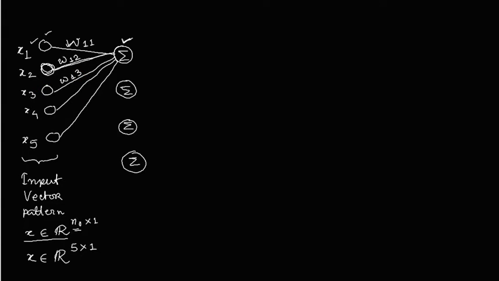Similarly, we can write this as W14, and this will be W15. In the same way, for the second neuron, the summing node of the neuron, these inputs are coming to it, and with some weights they will be coming to this one.